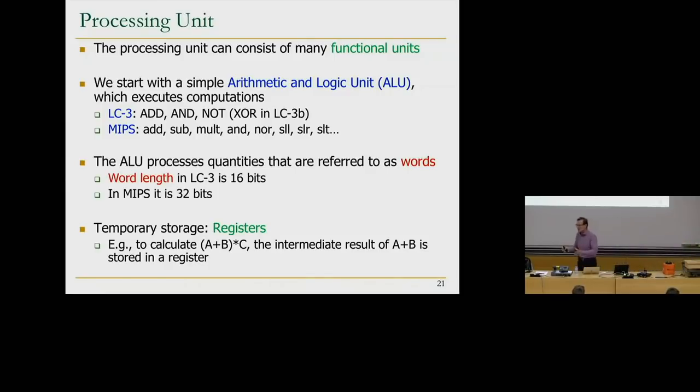So a register you can think of as a very small memory space that's inside the processing unit. That's not part of memory. This is inside the processing unit, close to the arithmetic logic unit, where you bring the data in from memory and you store the data temporarily. And also you store the temporary results in registers so that you can operate on things quickly. Because the register file is small, memory is big. Make sense?